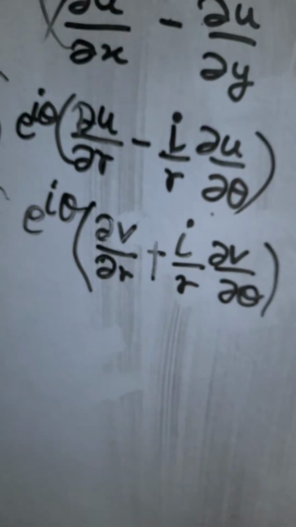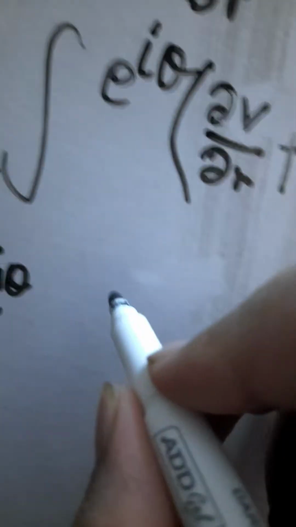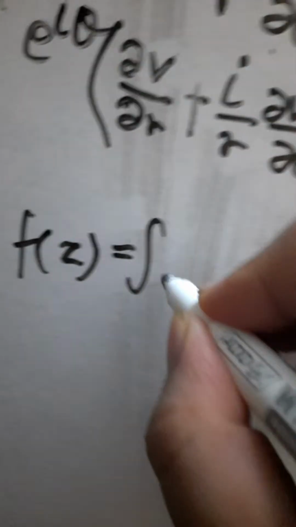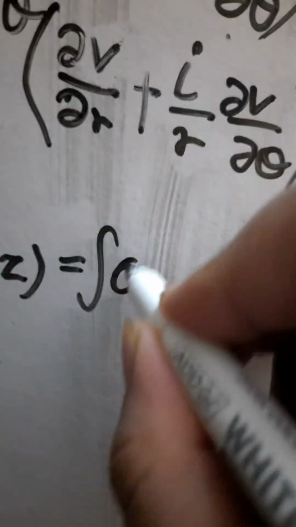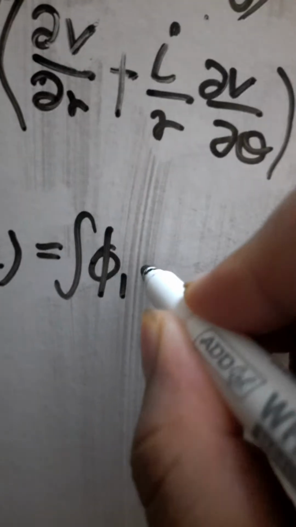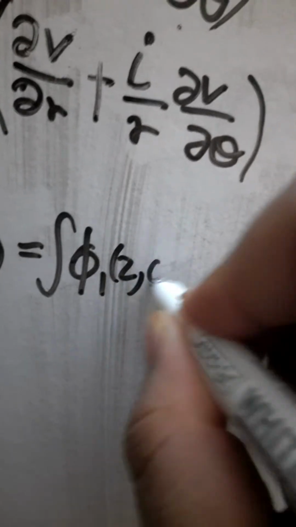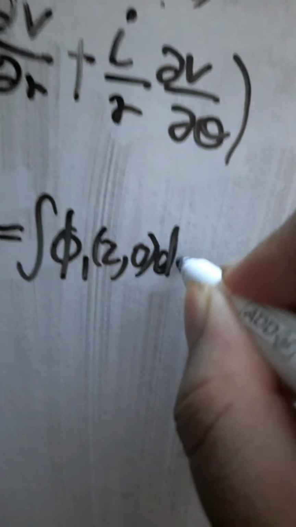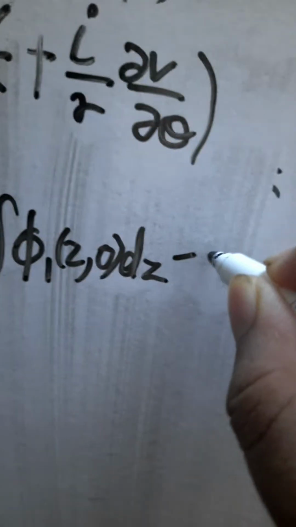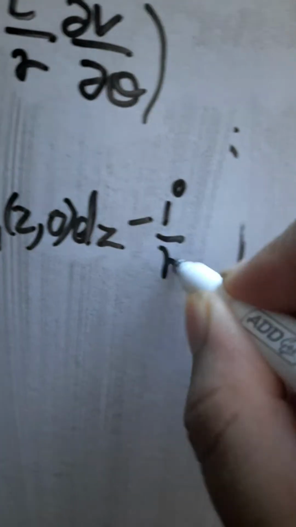And what we are doing is, f of z is simply, in polar form, phi 1 of z comma 0 dz minus I by r, the only difference. Since this is constant, you can take it out.